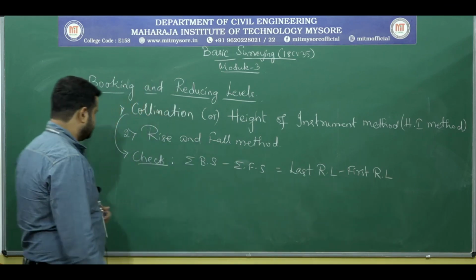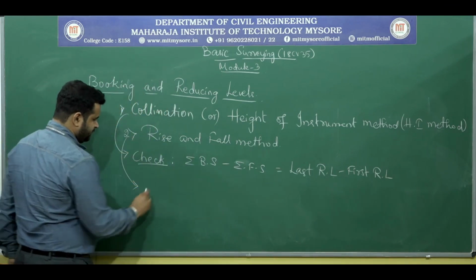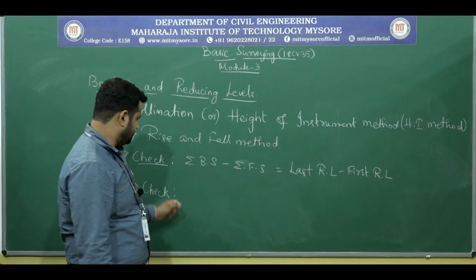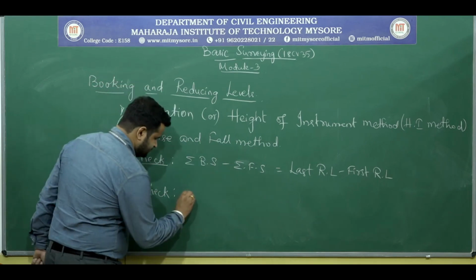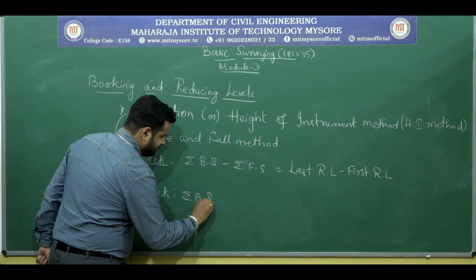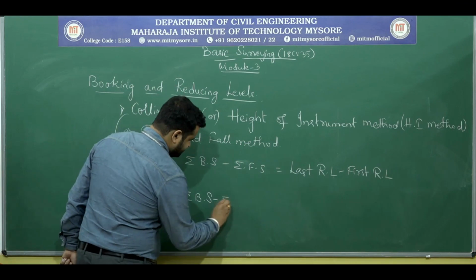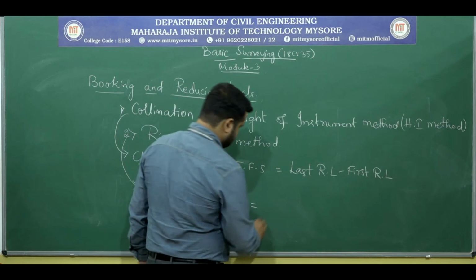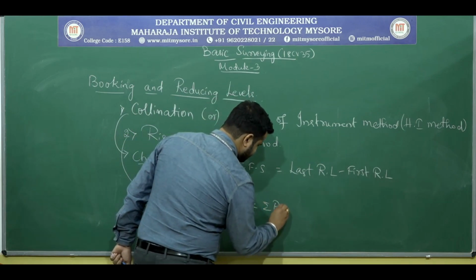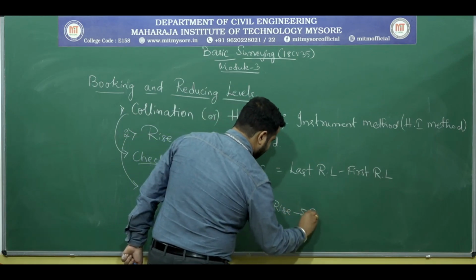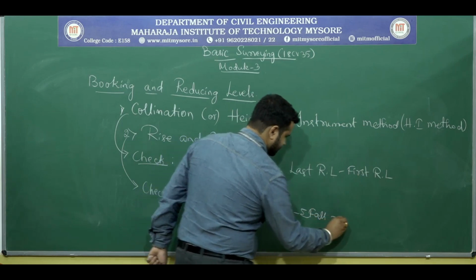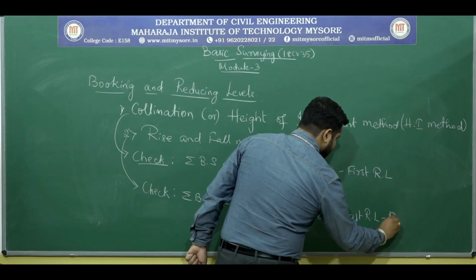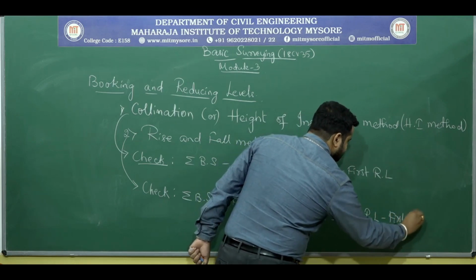So if you apply this check, you should get the same value on both sides. Okay, next, in the rise and fall method, what is the check that you need to perform? That is, sigma BS minus sigma FS should be equal to sigma rise minus sigma fall, that should be equal to last RL minus first RL.